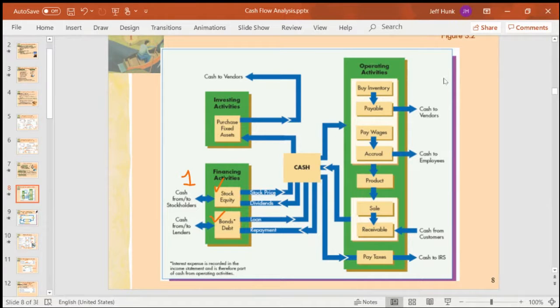In other words, you buy inventory, meaning raw materials if you are a manufacturer. If you are a retail business, your inventory is finished goods, merchandise.